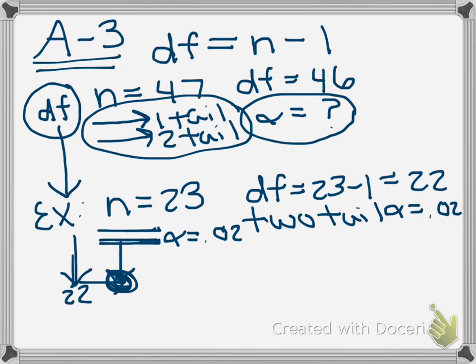Where your degrees of freedom, horizontal, and the second row of alpha 0.02 meet, that's your value for t. In this case, you should see that t equals 2.508.